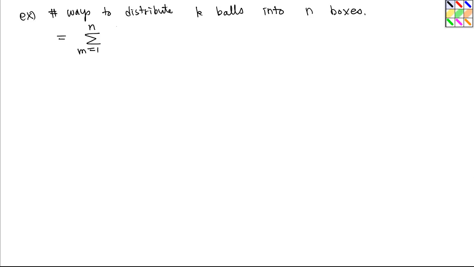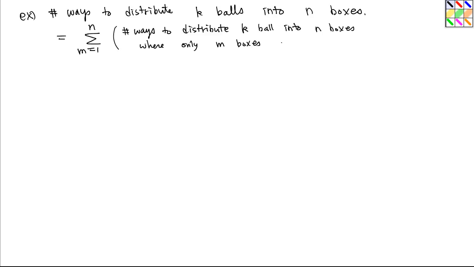So here is the same. The number of ways to distribute k balls into n boxes where only m boxes are used, meaning m boxes are non-empty and the remaining n minus m boxes are empty.